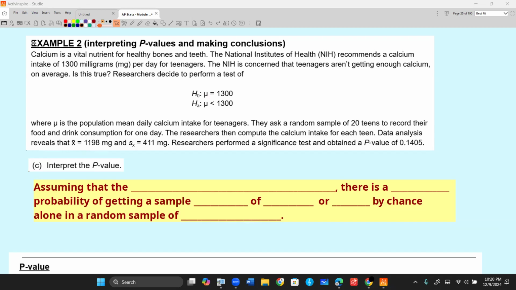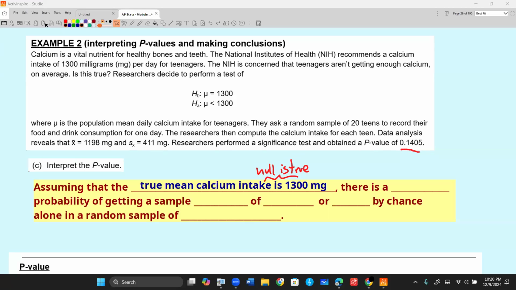So let's look at one thing at a time. Assuming that what's our parameter? That's right. The true mean calcium intake is 1,300 milligrams. So notice this is the null. Assuming that the null is true. Assuming that the true mean calcium intake is 1,300 milligrams. The p-value is 0.1405.